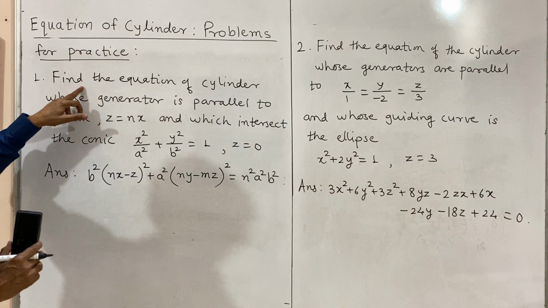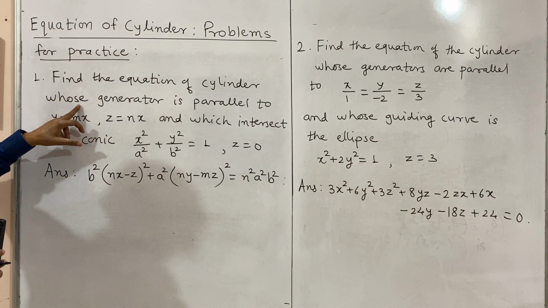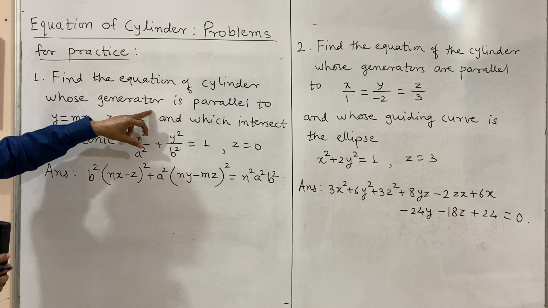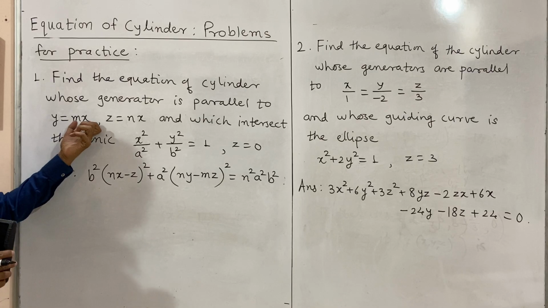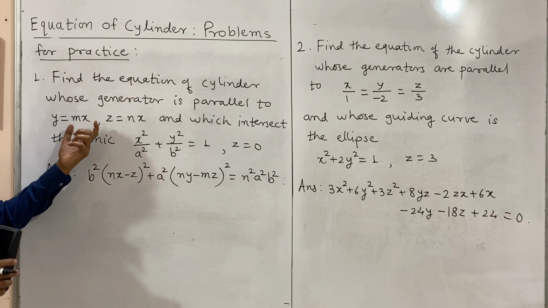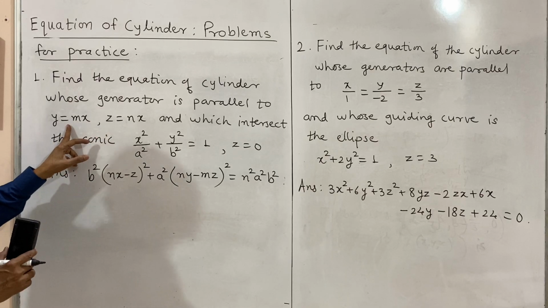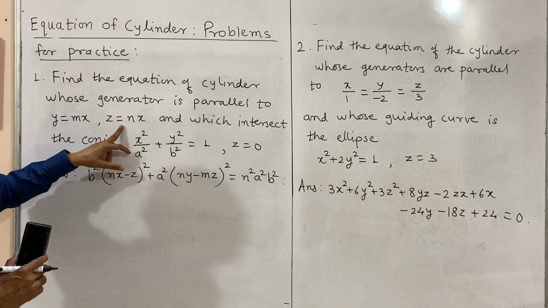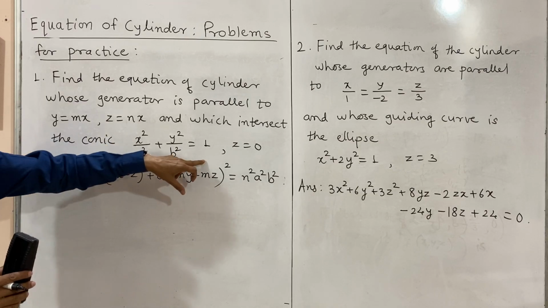See, the first problem: find the equation of the cylinder whose generator is parallel to this line, given by these 2 equations in asymmetric form, that is these 2 represent one line, and which intersects the conic. This is the guiding curve.